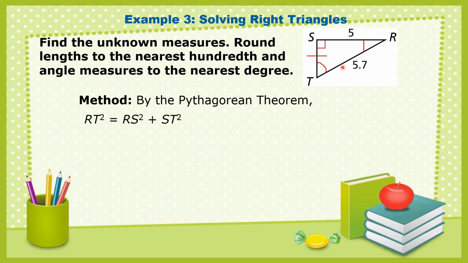So RT squared is equal to RS squared plus ST squared, the other side. We need to substitute. What is segment RT? This one is 5.7 squared. What is segment RS? Another 5 squared is equal to ST squared because we are finding the unknown. Therefore, 5.7 times 5.7 in your scientific calculator, what is it?